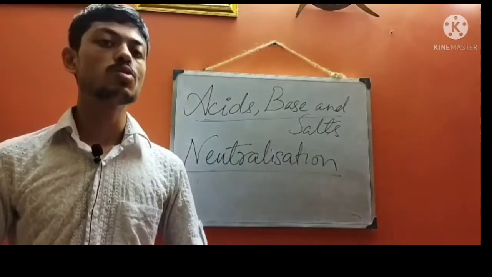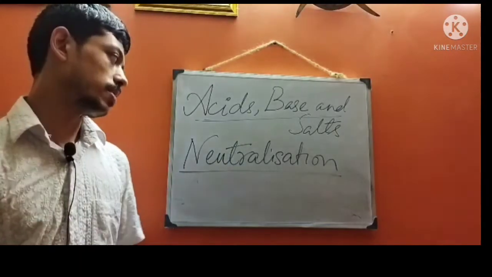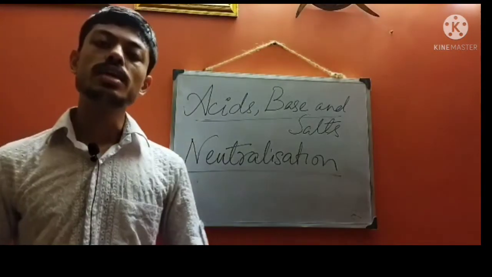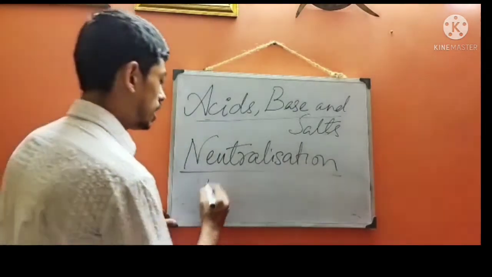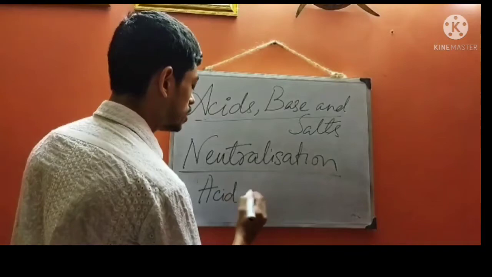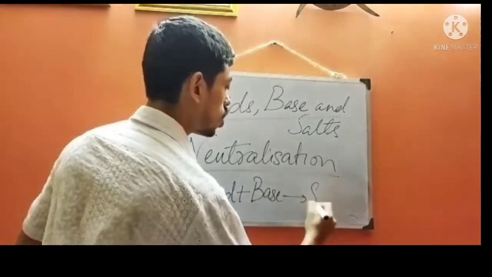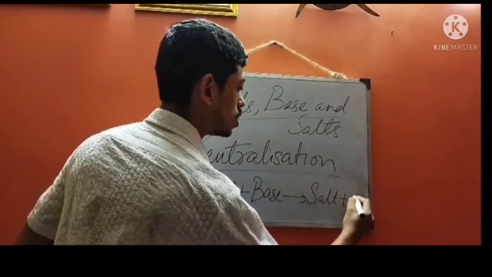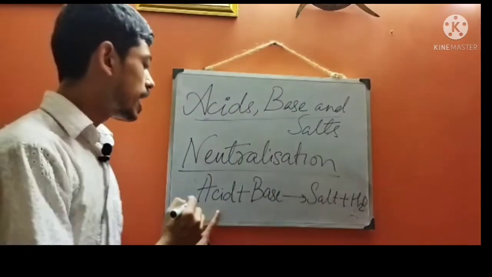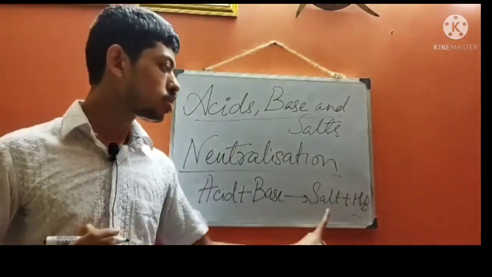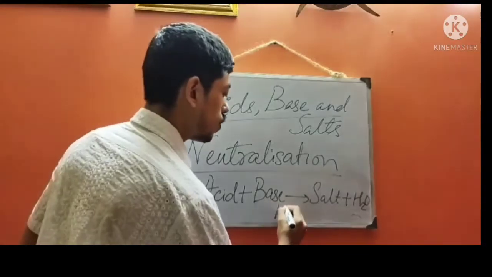Neutral substances are those substances which are neither acidic nor basic. Then what is neutralization? It is a process by which acid reacts with base to give salt and water. Along with this, heat is evolved.